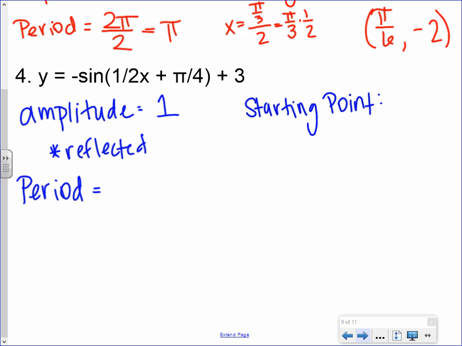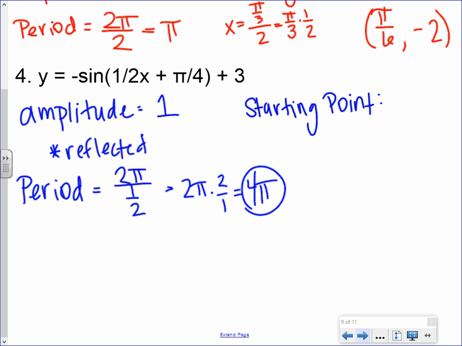All right, Kiana, to calculate our period, what do we got to do? Okay, so 2 pi divided by b, b is 1/2. Remember, when we are dividing, it's the same thing as multiplying by the reciprocal. Our period is 4 pi.